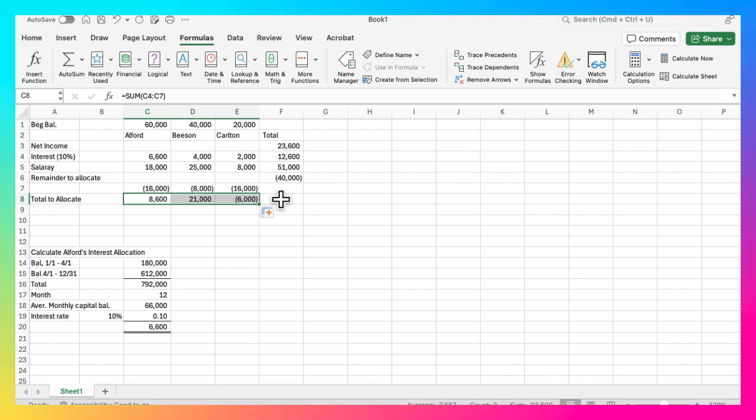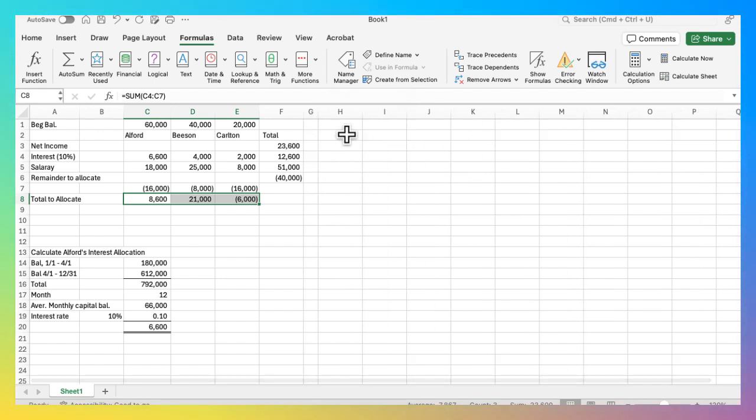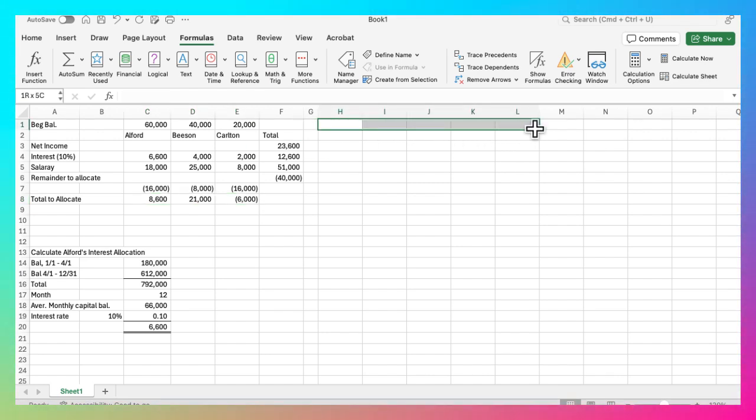Okay, so the next thing we need to do is the statement of partnership capital. Okay, so super easy for us to do. What I'm going to do is come right over here, right next to it, and we're going to create our statement of partnership capital.